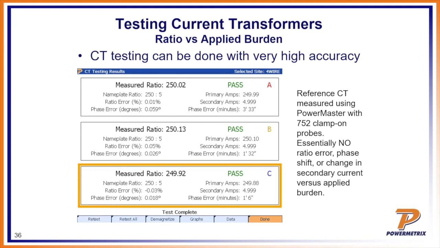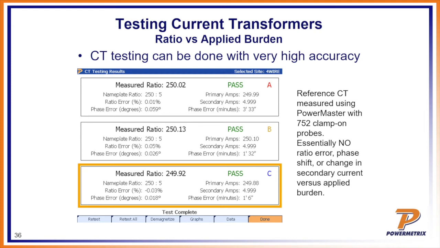If everything is perfect, you're going to get really, really good results. In this case, if this was a 250 to 5 CT, we used the SR752 clamp-on probes, which are very accurate, around the primary, and then measured the secondary there at the test switch.